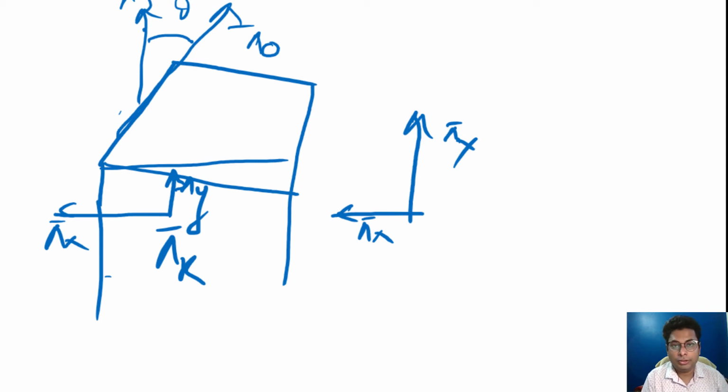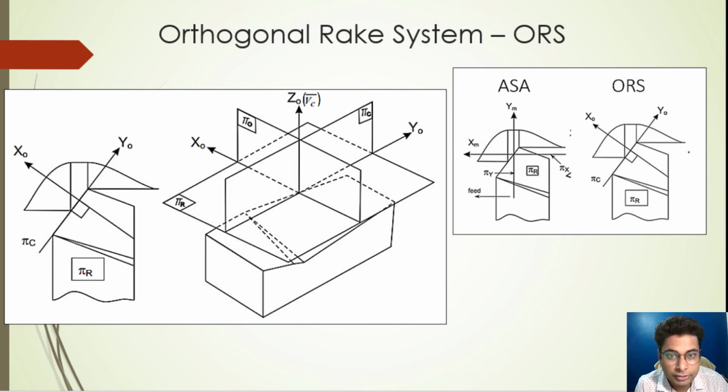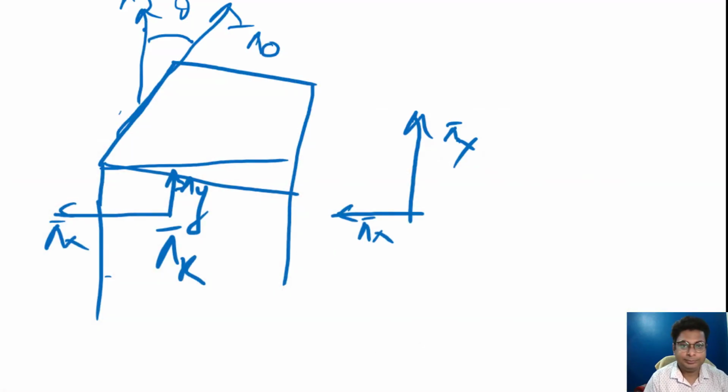This is your orthogonal plane. Let me check once again. I think this is, sorry, this is pi c. Yeah, this is pi c. This is your cutting plane. And the plane perpendicular to pi c is your pi o, orthogonal plane.